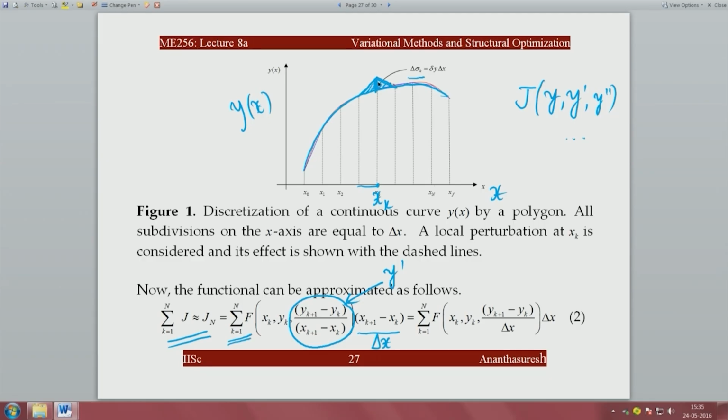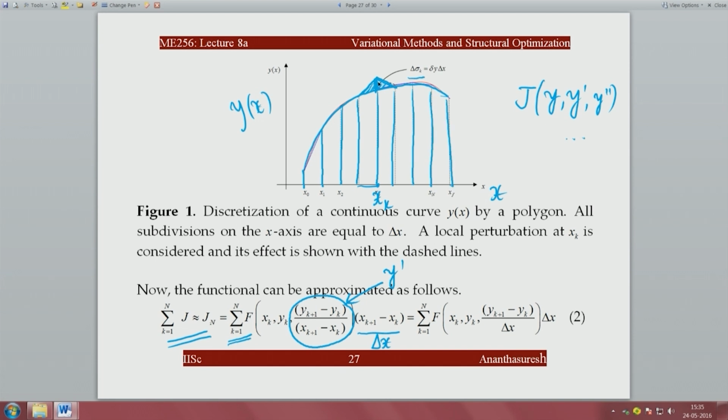Instead of taking the continuous x_0 to x_f, we are evaluating the function at specific points, and everywhere we see what happens if I perturb a little bit and get this J changed.